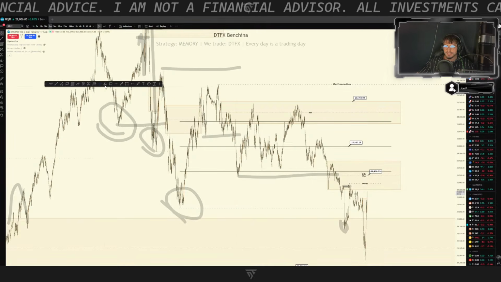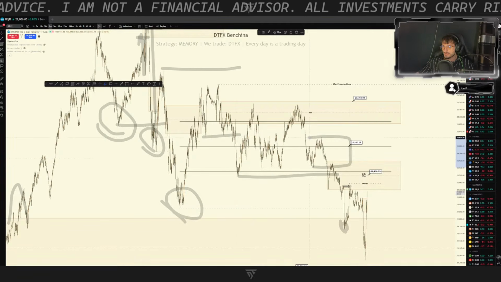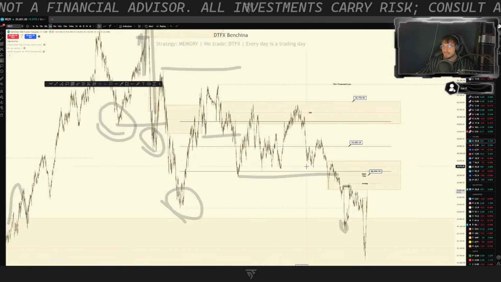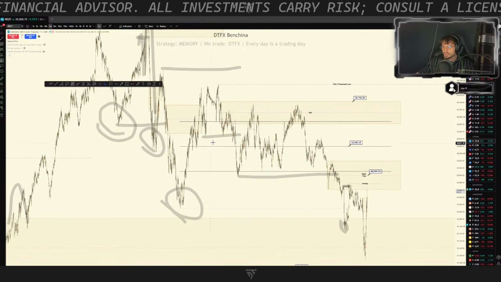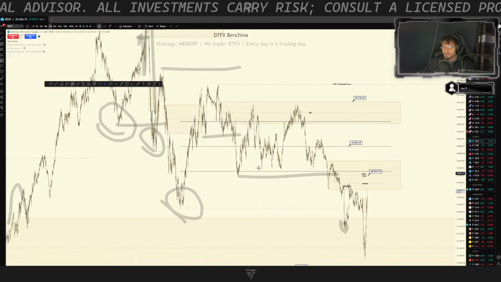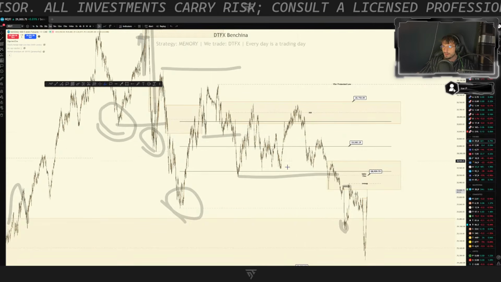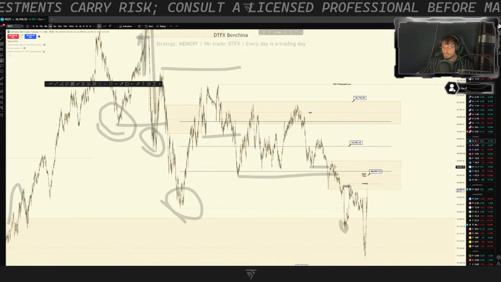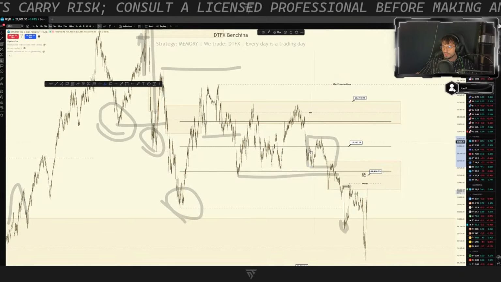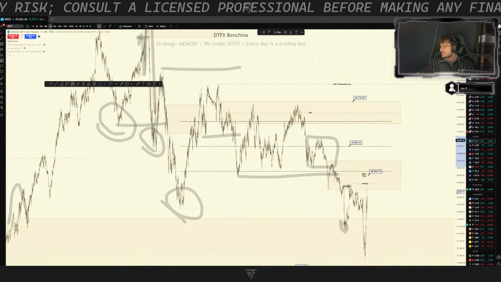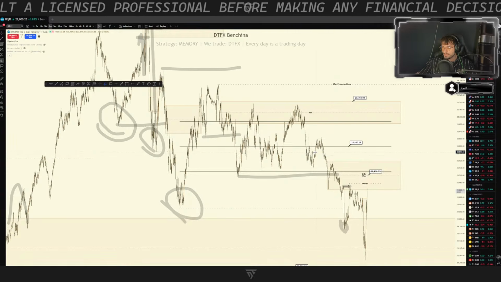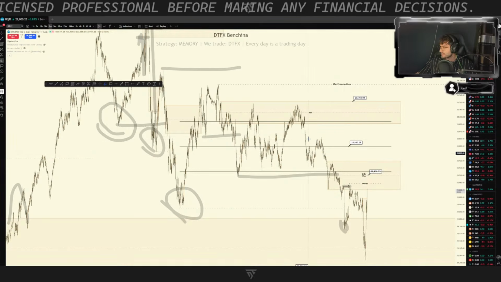Yeah, now I see why you would have taken that zone as an entry, because it would be the second swing, right? This alone would be the second swing, and I see now why you would have taken that 50, the zone at the 50.